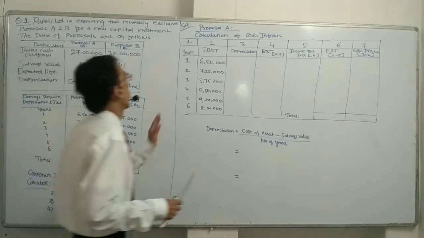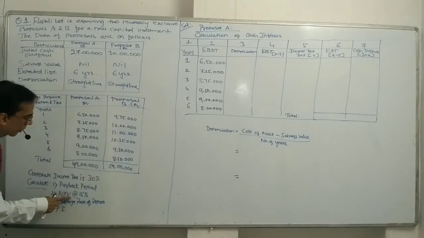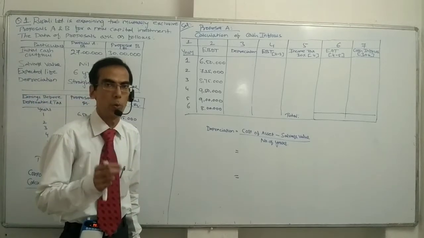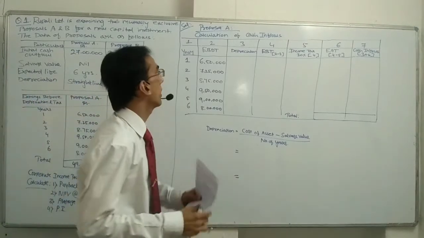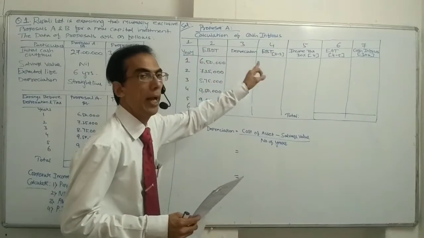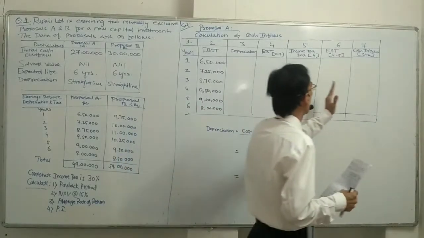Now, when we go for the solution, for payback period and calculation of net present value, we need to know cash inflows. So first of all, we need to calculate proposal A, calculation of cash inflows. For that, we need to prepare a 7-column statement.